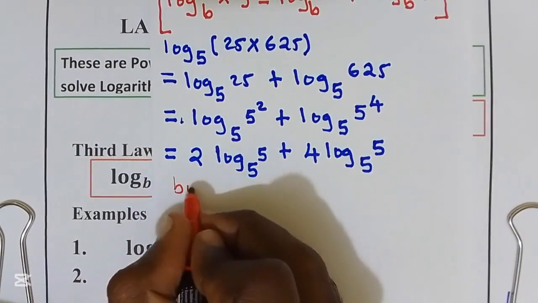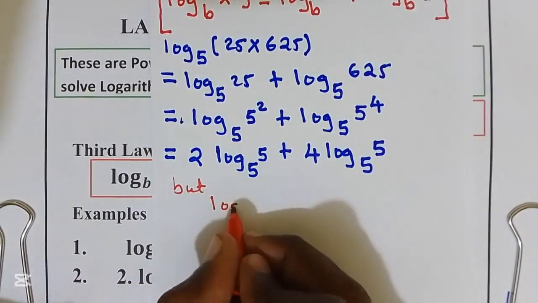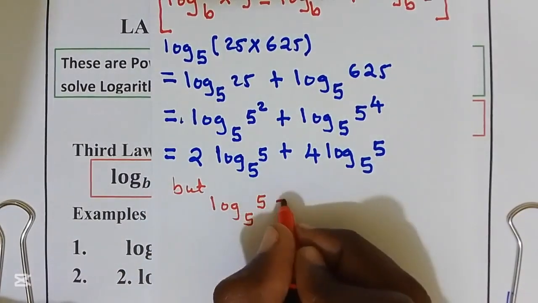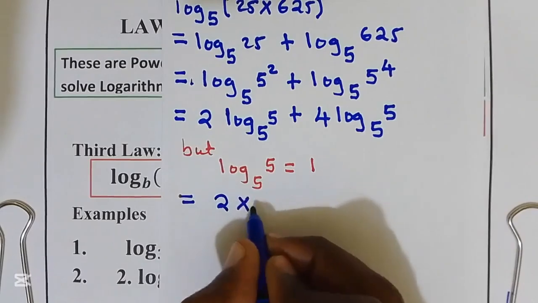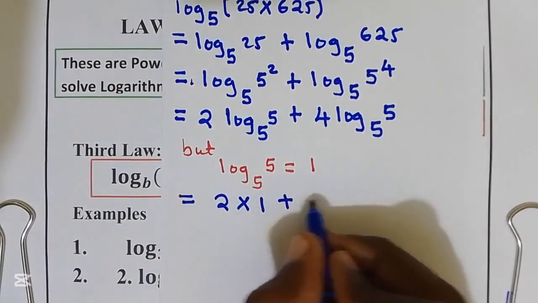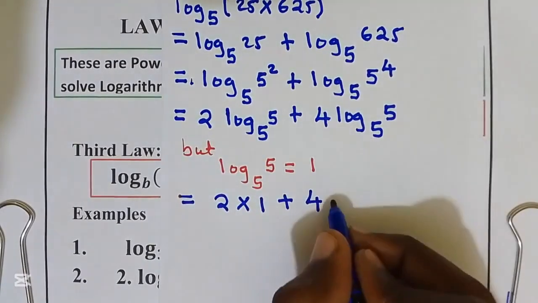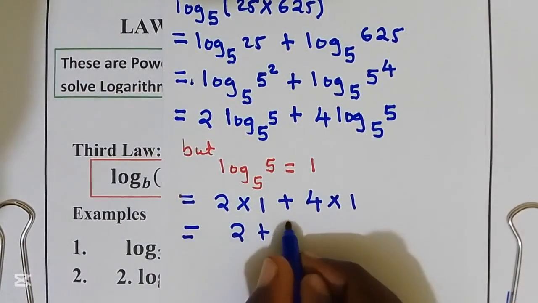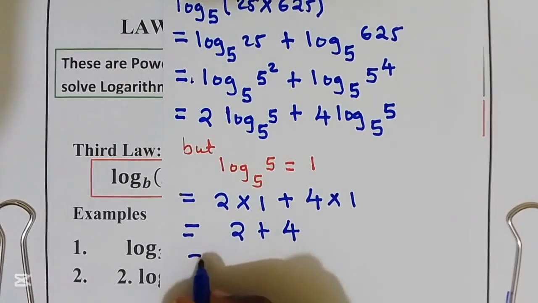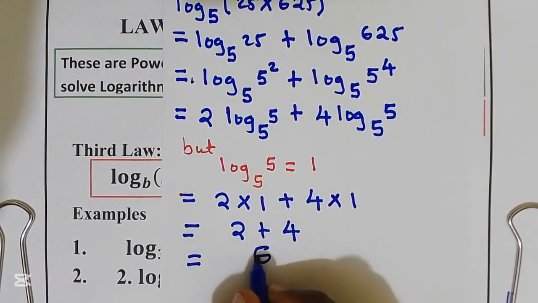But log base 5 of 5 is equal to 1. That is going to be 2 multiplied by 1 plus 4 multiplied by 1, which will give us 2 plus 4, which gives an answer of 6.